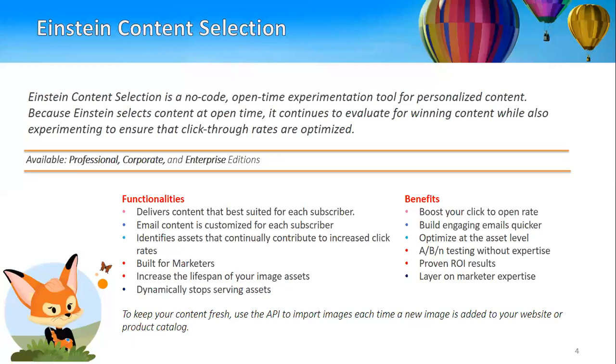Moving on to the benefits, there are several benefits for both marketing teams and the organization. This feature boosts your click to open rate by leveraging content curation that selects the most relevant asset at the moment of open. It also helps you build effective emails faster by creating one email and then letting AI automate a unique message for every subscriber.